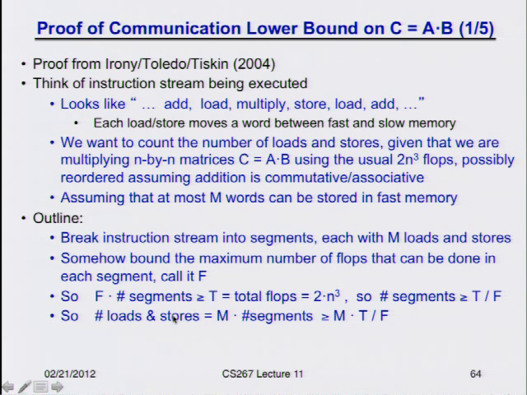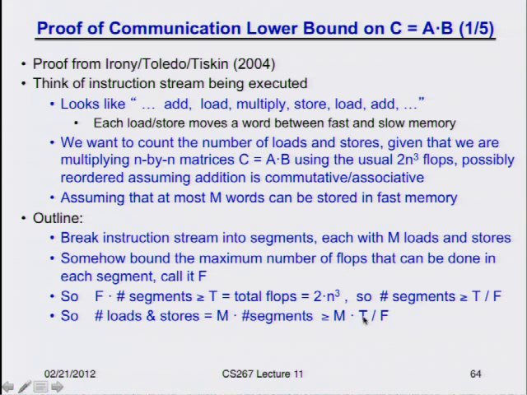How many loads and stores do I do? That's the communication. A segment is defined by m loads and stores, so the total number of loads and stores is m times the number of segments, which is bounded below by m times the number of flops divided by the maximum number of flops per segment. So it all comes down to, can I get an upper bound on F? That would give me a lower bound on the number of loads and stores.